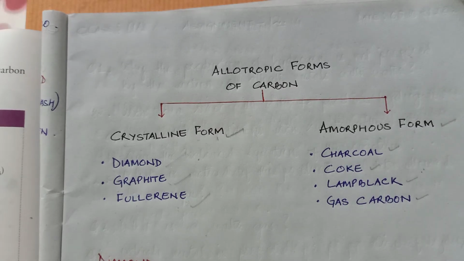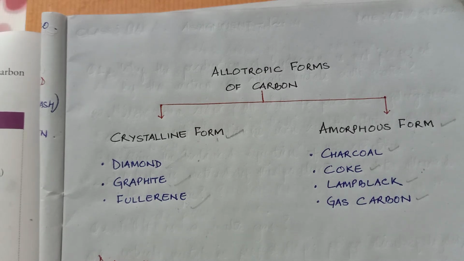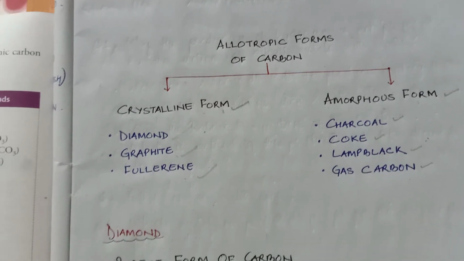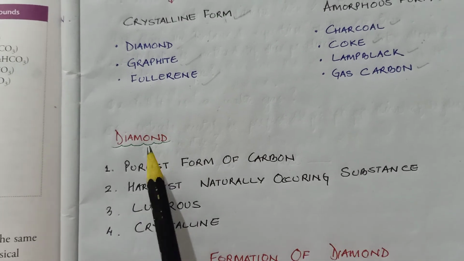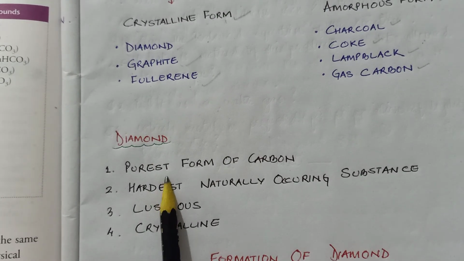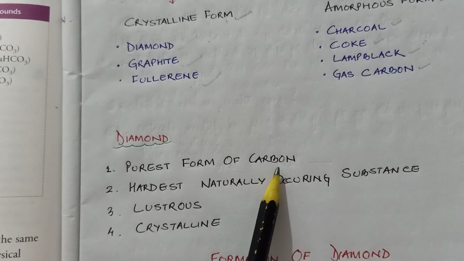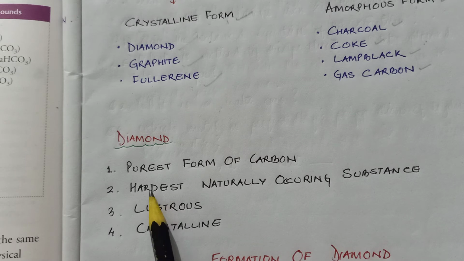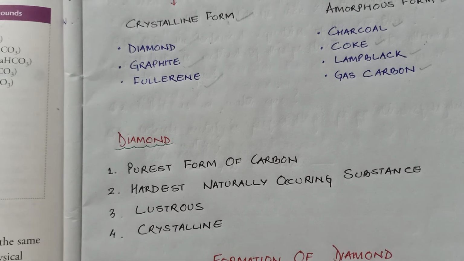So with this, we have come to know that diamond is a crystalline form of carbon, which is one type of allotropic form. Now we'll try to see a few details about diamond today. Let us go one by one. We all know diamond is the purest form of carbon, and the hardest naturally occurring substance present on planet Earth.